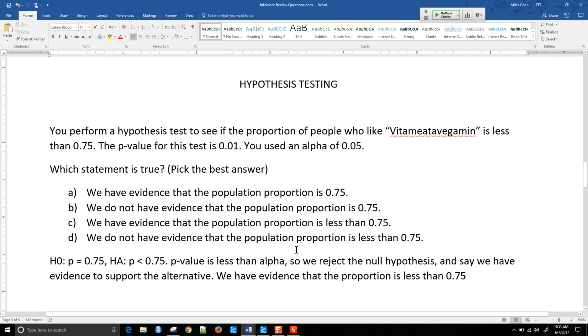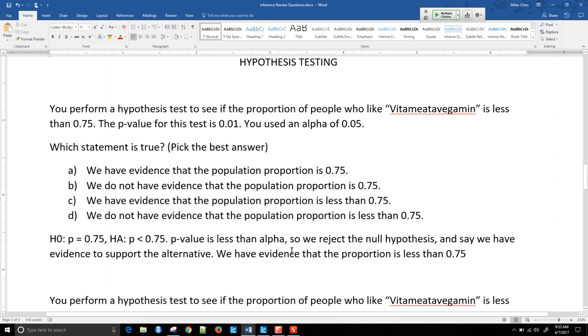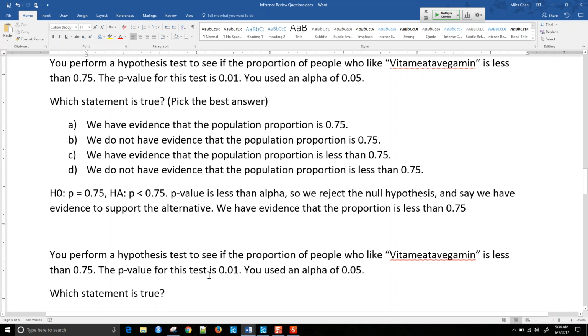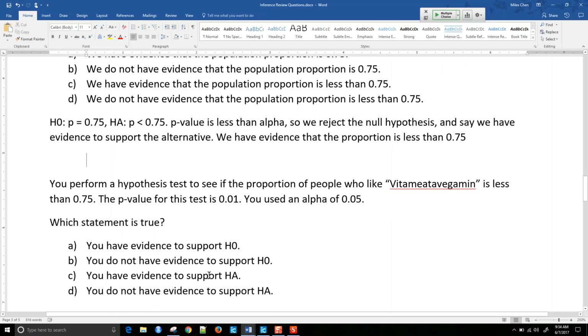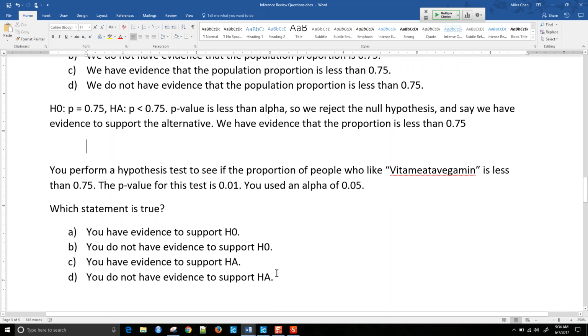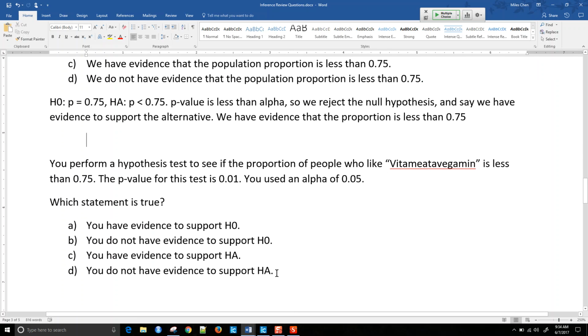Okay. So is that good? Are there any questions? Now I guess I gave the answer away for this one. Well, all right, it says you perform the same question as before. You perform a hypothesis test to see if the proportion of people who like Vitamita Vegemin is less than 75%.